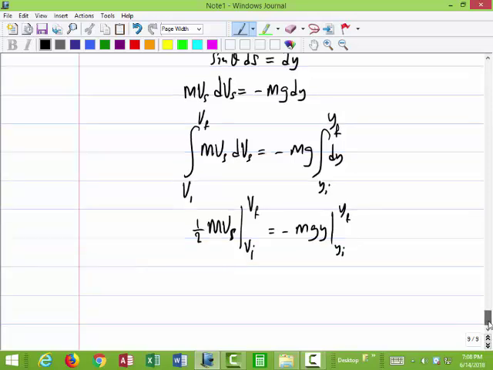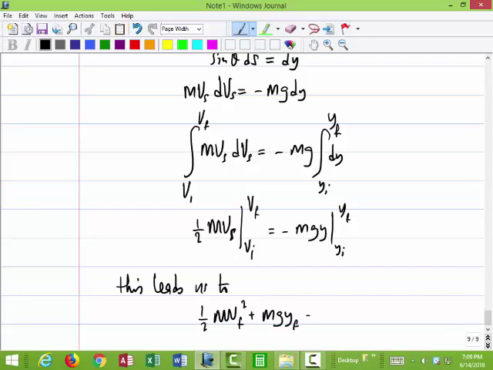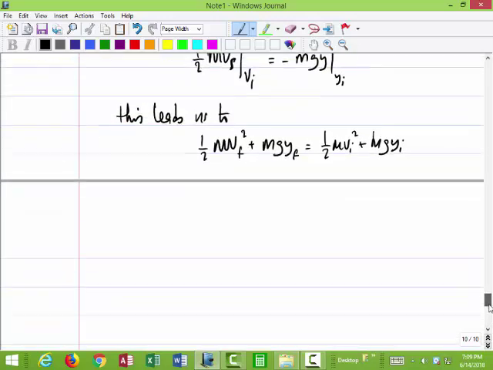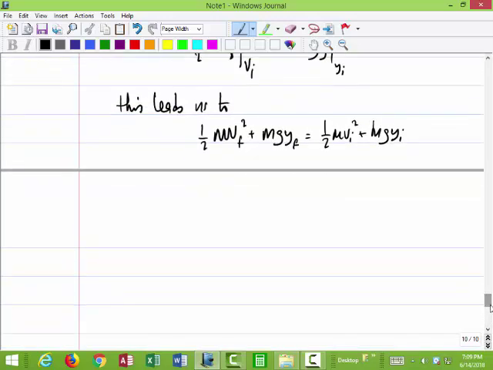This will lead to the same formula as what we had earlier: half m v final squared plus mg y final equals half m v initial squared plus mg y initial, which is just telling us that the total final energy is equal to the total initial energy, which is a form of conservation of energy.